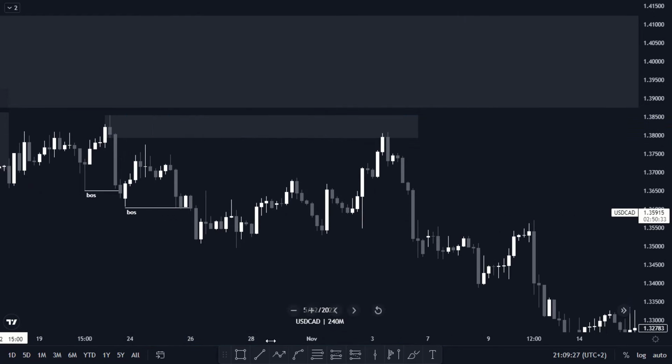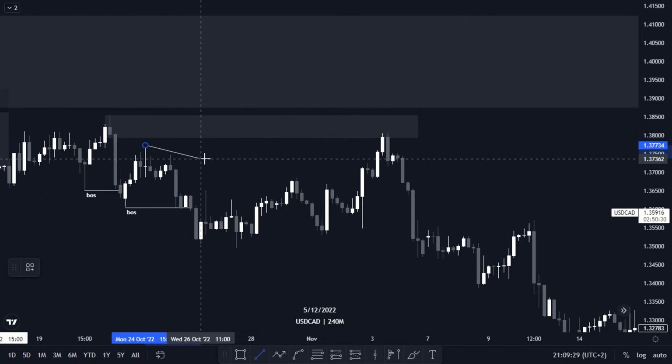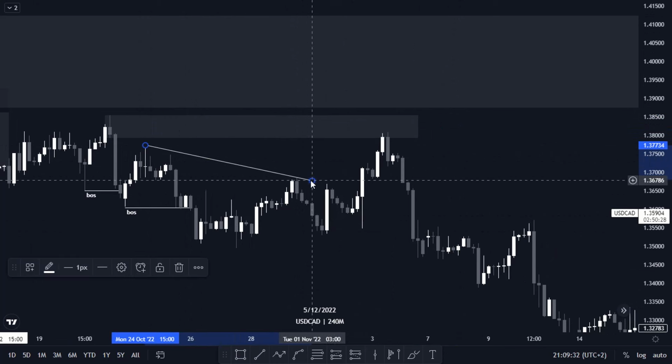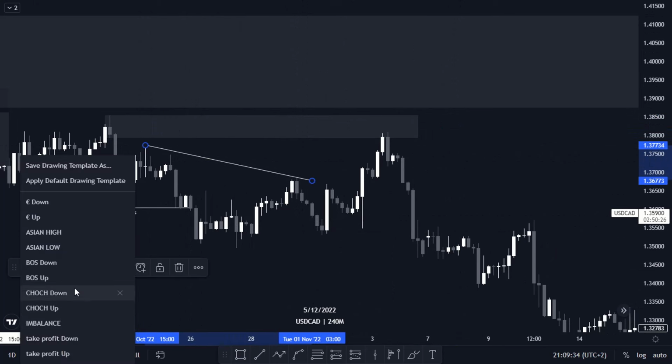And we can see here we have a form of liquidity, a form of trend line liquidity here.